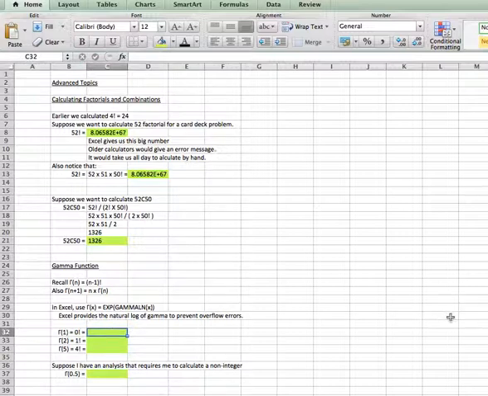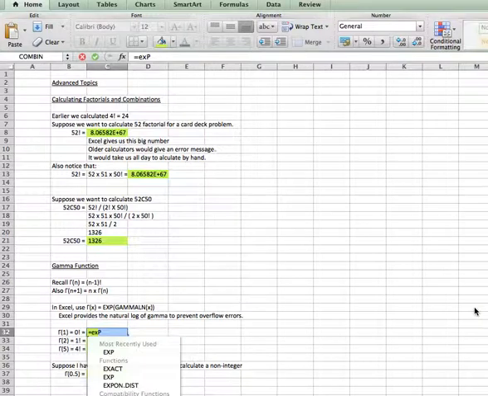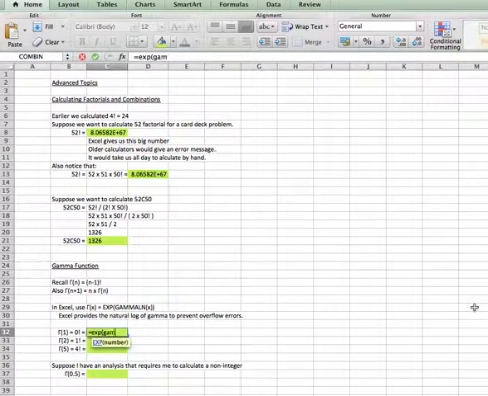So let's try this. An example here, gamma of 1, which would be the same as 0 factorial, equals... and so we see that Excel gives us 1, which was our earlier definition that 0 factorial is 1.